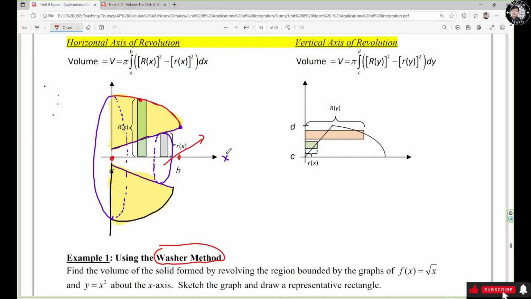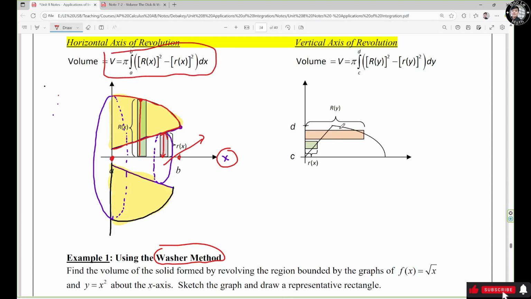The center is the axis of revolution, right? So the center is right here. So the distance from here to here is the outer radius. Subtract the inner radius, which means the lower function right here to the center of rotation, right? So it could be from here to here is the inner radius. So that's why you have the formula right here.